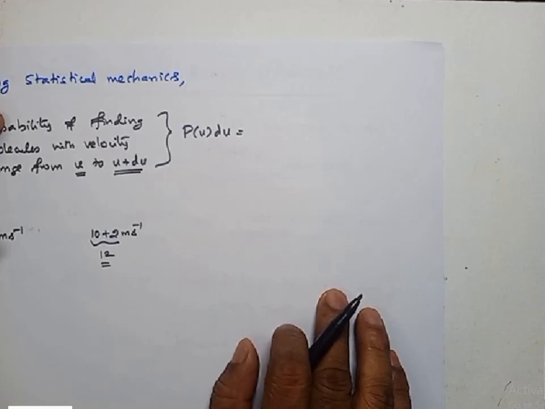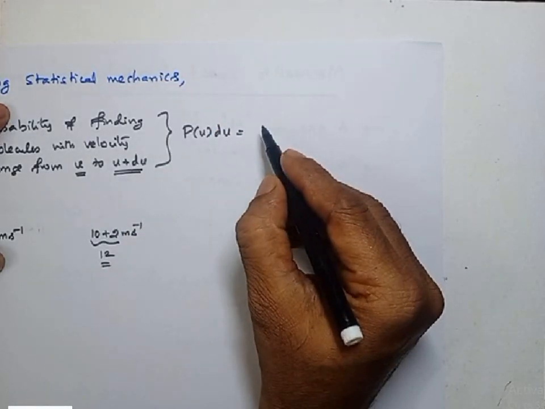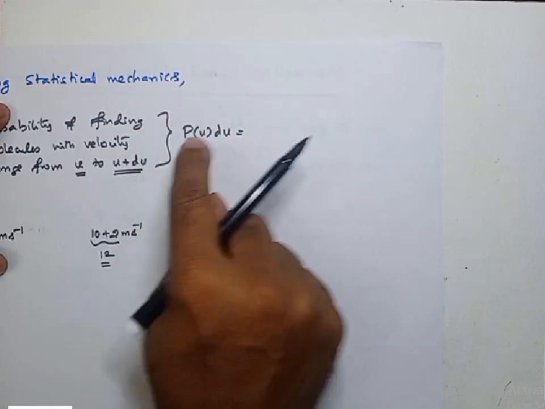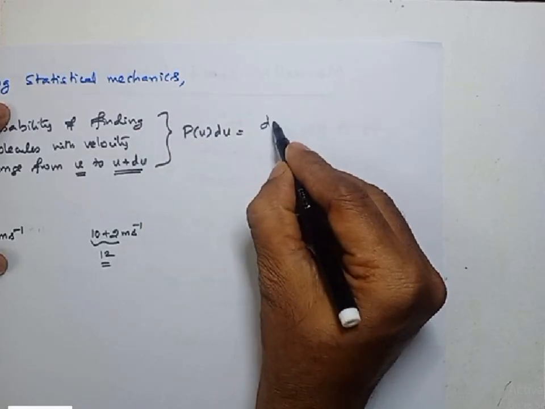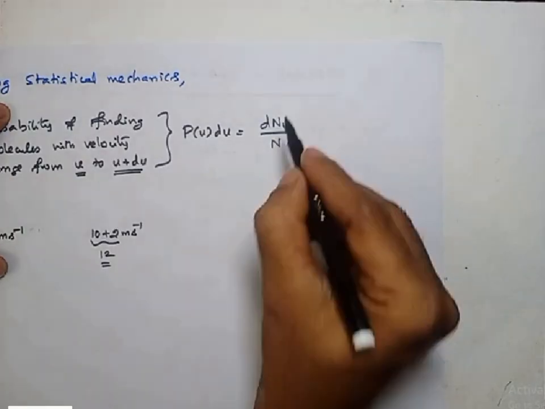I am not going to derive it, but I am going to give you the final expression. Before that, this is also equal to dn_u by N. What is dn_u?